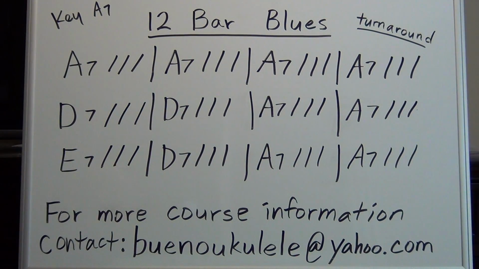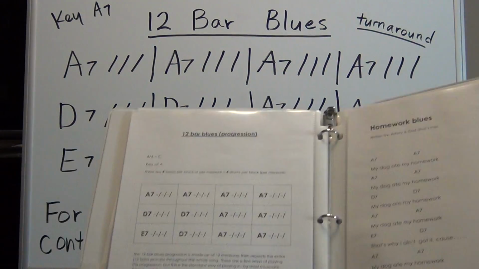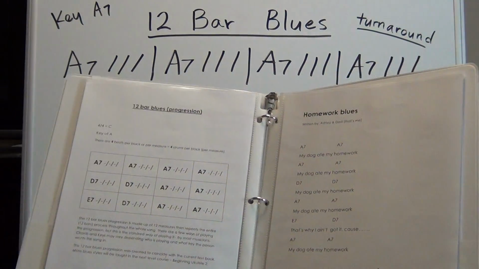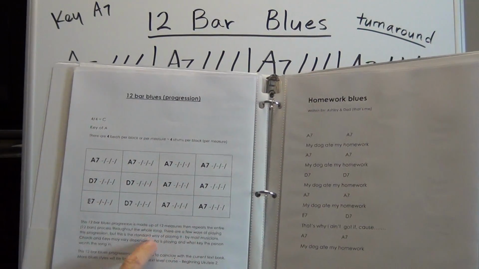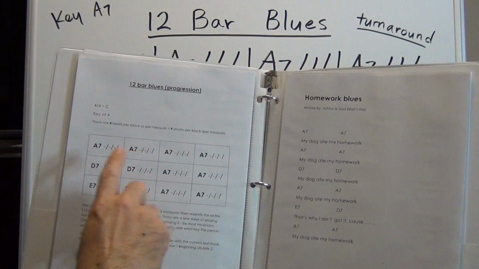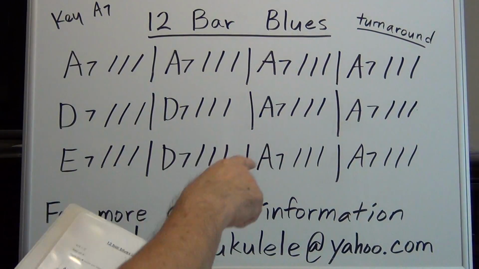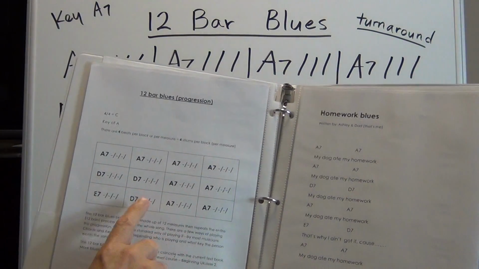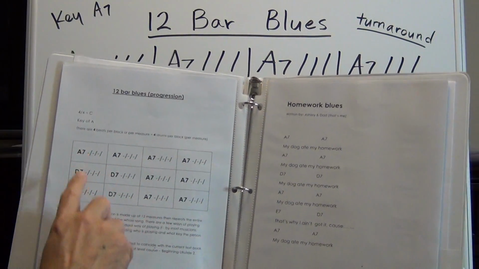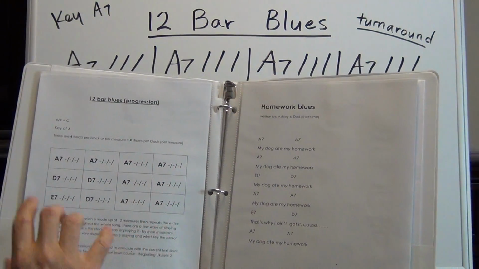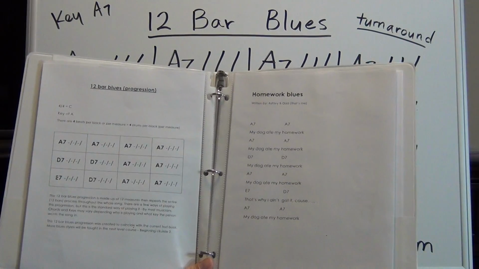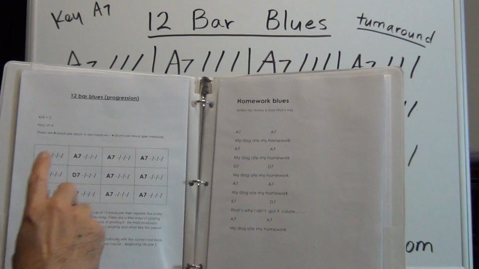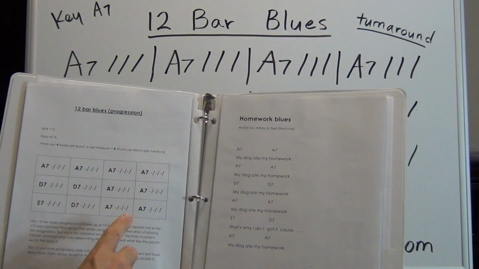I'm using this example because in the upcoming tutorial, we're going to be actually playing a 12-bar blues progression, which is the same thing. You'll see the same structure, but the chords are located in boxes, just so that you can see and understand it better that they're in groupings of 12 boxes, or 12 sets, or 12 groups.